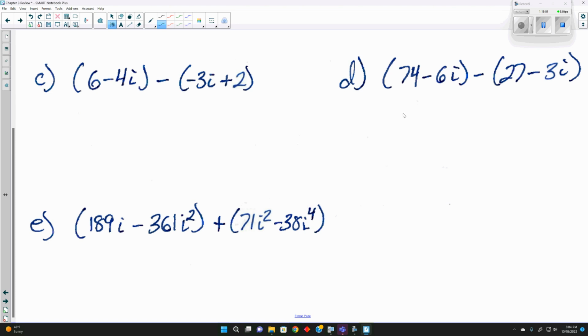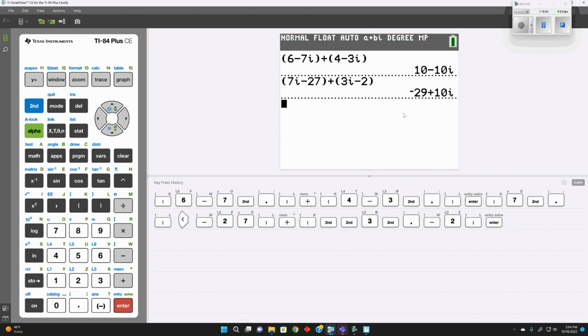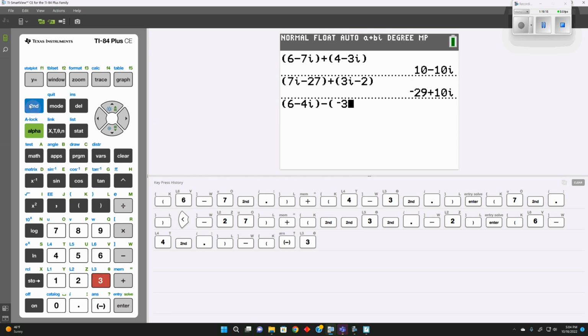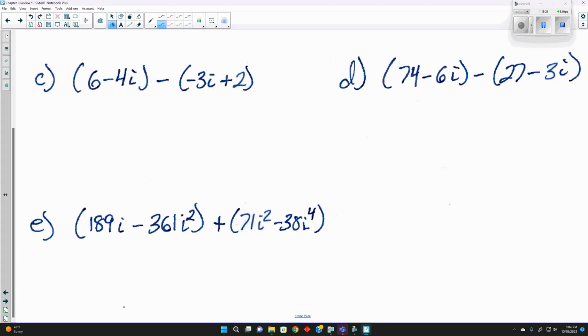And we can look at the next two here. In the calculator, we can pull it up and say (6 minus 4i) minus (-3i plus 2), enter. We get 4 minus I. And that's our answer.